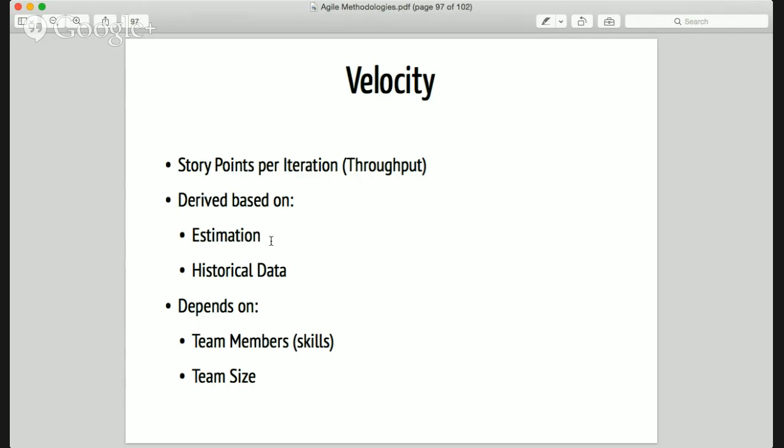You can derive it based on your own estimation, as well as all of this historical value you have by doing this many times. The more sprints you do, the more iterations you do, the better you will get at calculating how fast you do something. Of course, it depends on a lot of things, right? Number of team members and their skills.